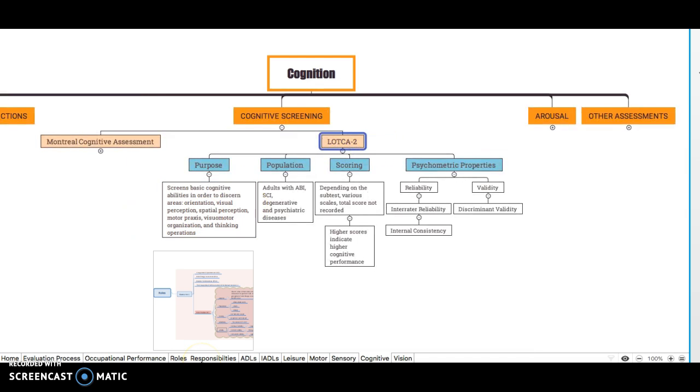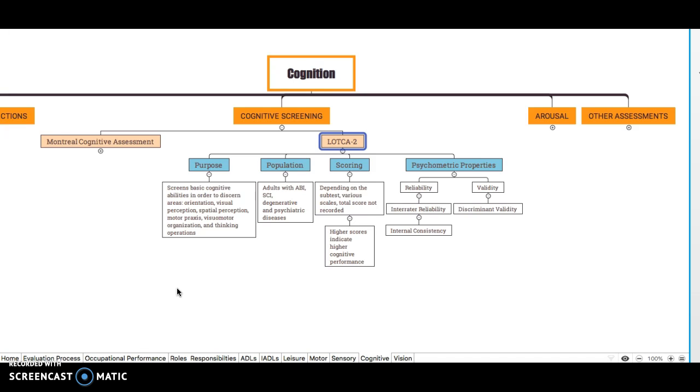LOTCA has a few different versions, and there's one for the geriatric population and a dynamic version, but the one that I'll be talking about is the LOTCA 2, and it screens basic cognitive abilities in order to discern cognition in the following areas: orientation, visual perception, spatial perception, motor praxis, visual motor organization, and thinking operations.